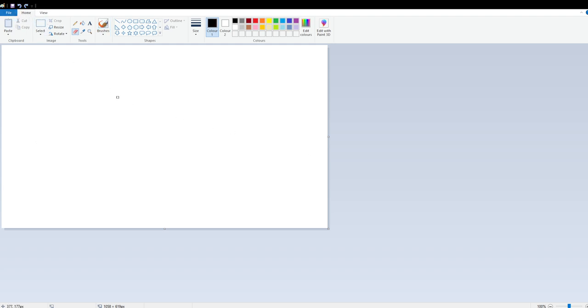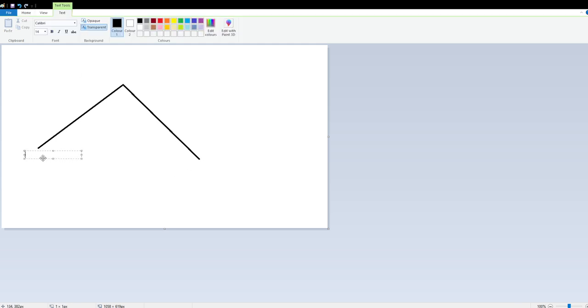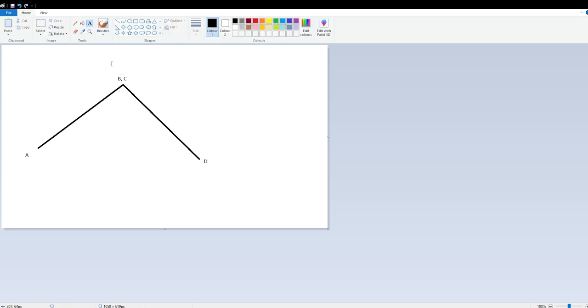No, don't save. So for instance, if I take a line here, and for fun's sake, what actually happens if I put them on the point? So this is A. This technically becomes B and C, and this is D. Do they intersect?